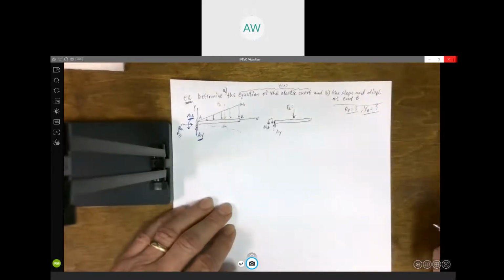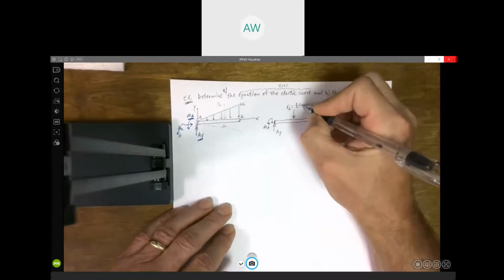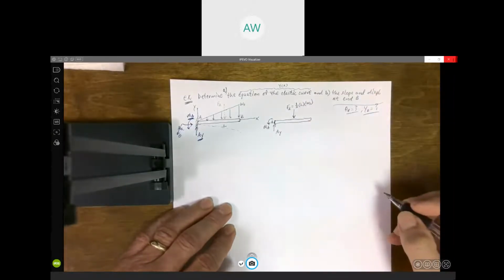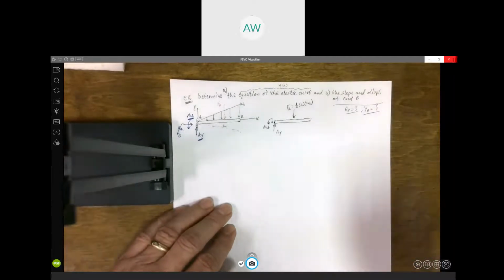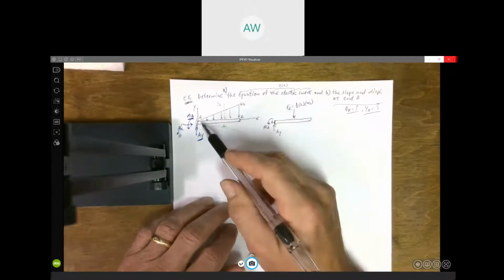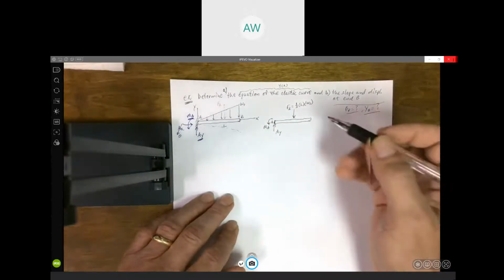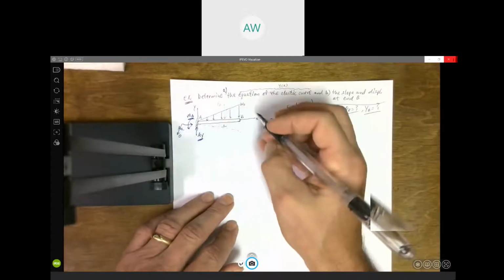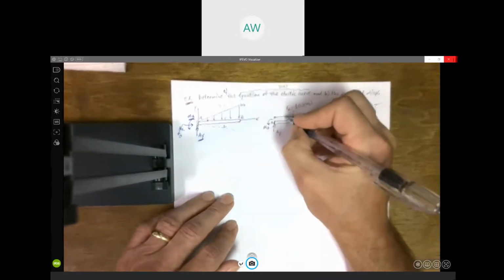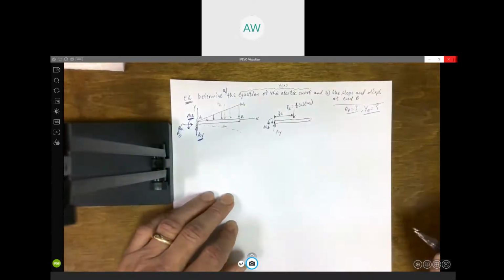Again, the area of the triangle is 1/2 base times height, so 1/2, the base is L, and the height is W0. Now that equivalent force has to act at the centroid. The centroid of a triangle is 2/3 from the little end or 1/3 from the big end, whichever way you want to measure it. In this case, if we go from the little end, this thing is some length L, so this would be at a distance 2/3 of L from the end.